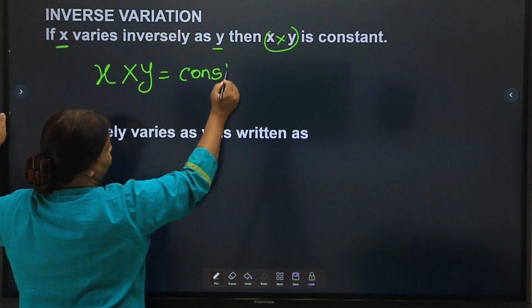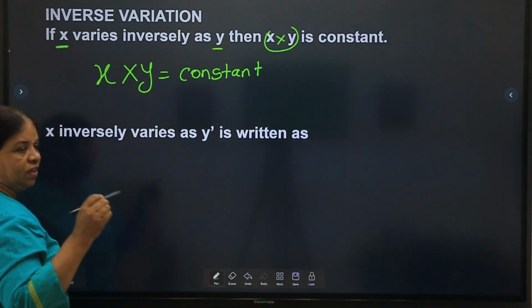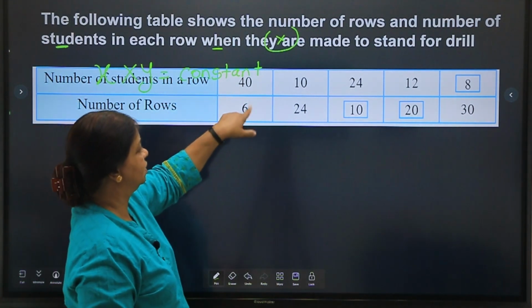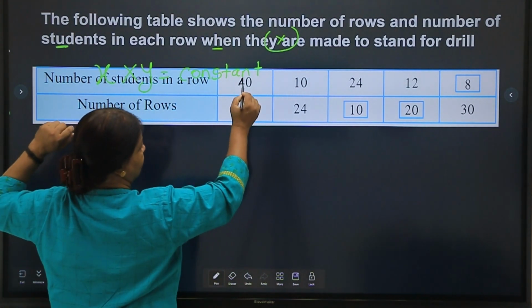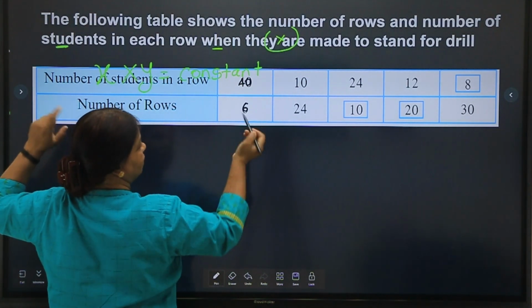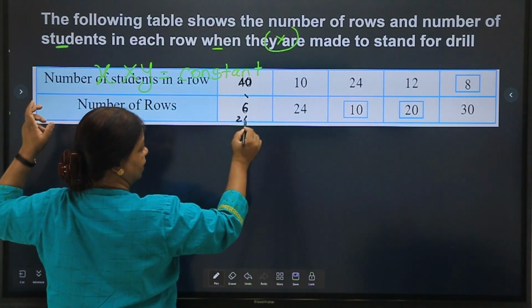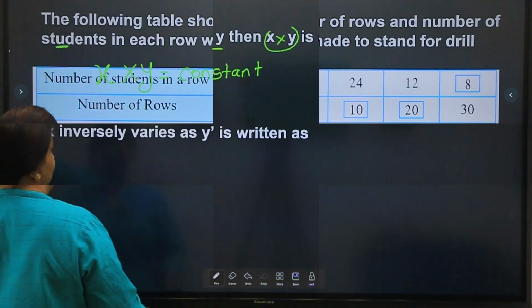Right now we saw the example: the product of both the numbers 40 and 6, when we multiplied, we got 240. Clear? So they are in inverse variation.